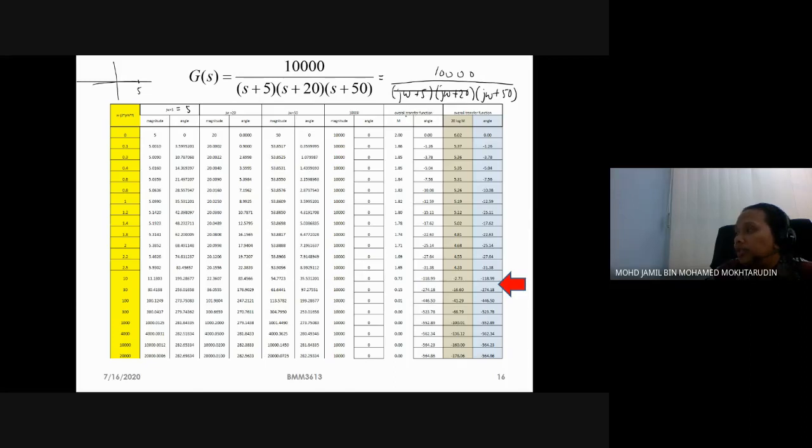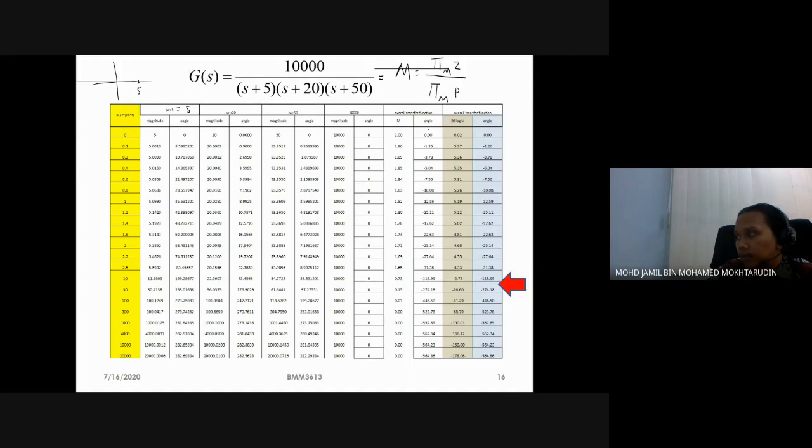So for the overall transfer function, the magnitude will be equal to the product of the magnitudes of the zeros divided by the product of the magnitudes of the poles.